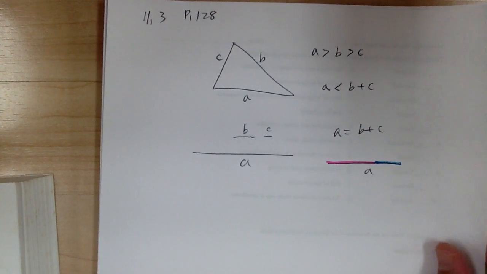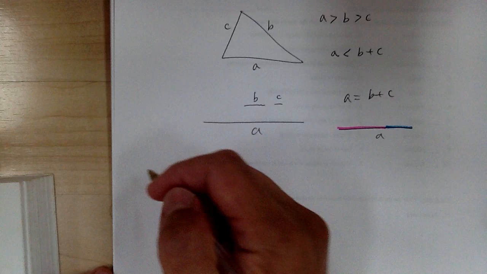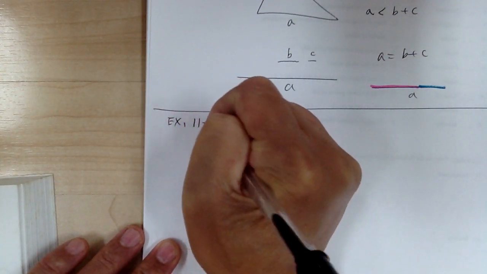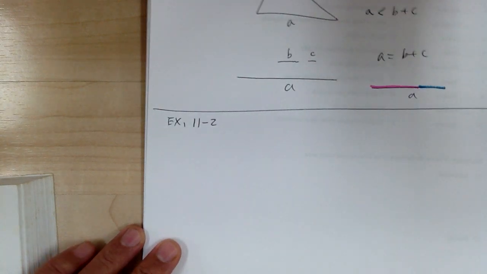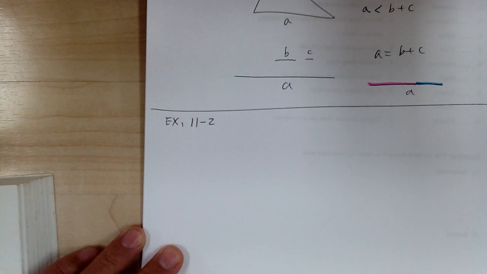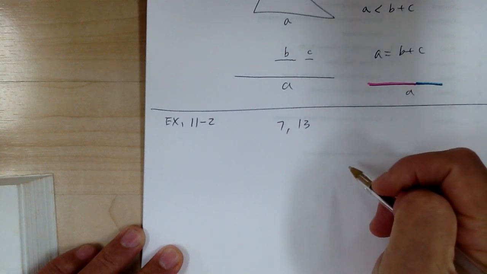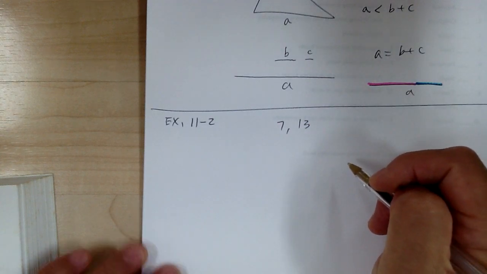So let's go and do example 11-2. It says if two sides of a non-degenerate triangle are 7 and 13, what are the restrictions on the third side?